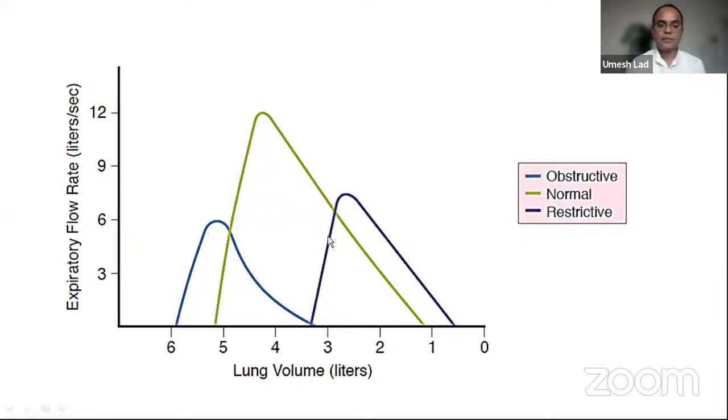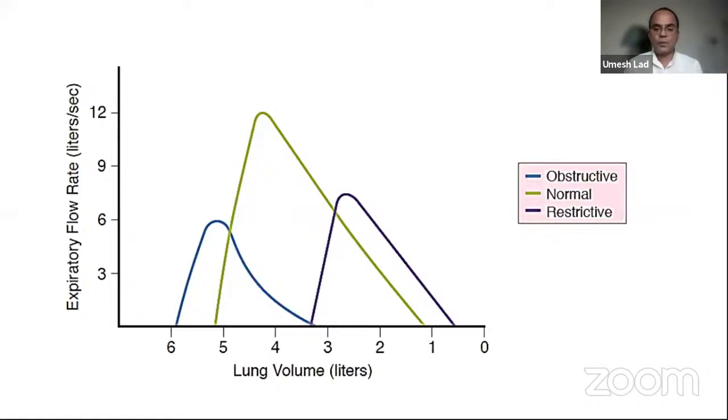Here the lung volume is decreased, approximately only 3. The graph might remain as good as normal, but the dimensions of the graph will be smaller than normal. Here it is 5 liters lung capacity, and the green one is the normal flow volume diagram, in which we are looking only at the expiratory part of the flow volume loop.